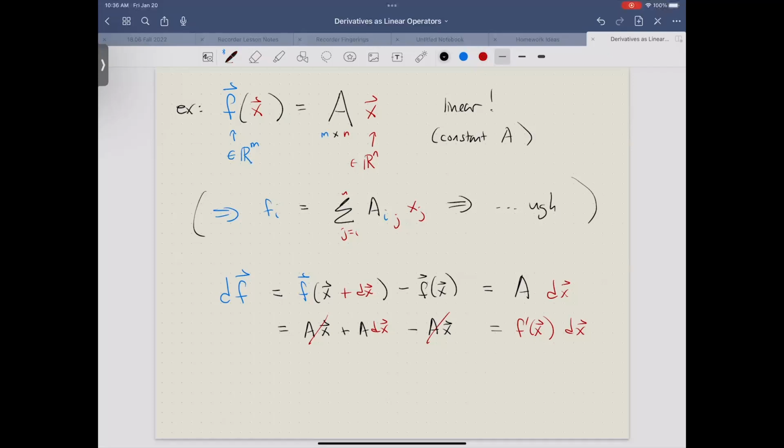So if we compare these, f prime is just the linear operator A. So f prime of x is just A in this case, which is our Jacobian.